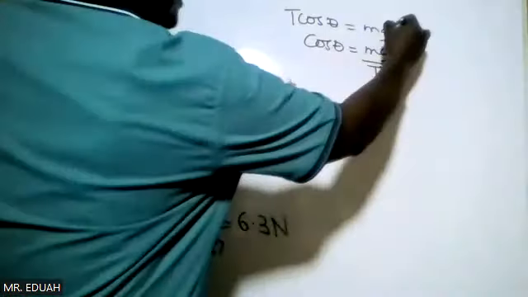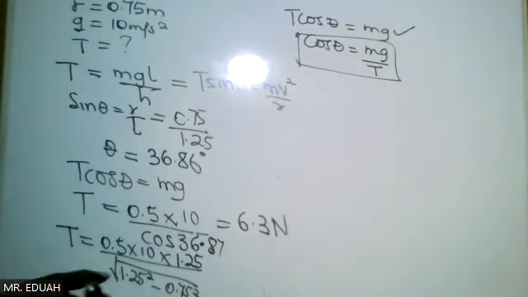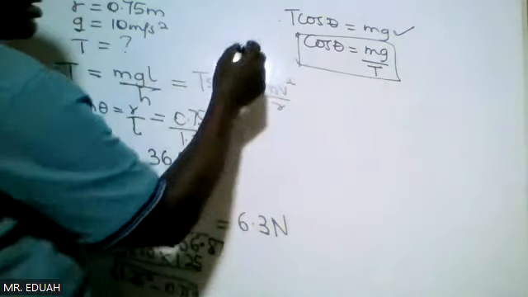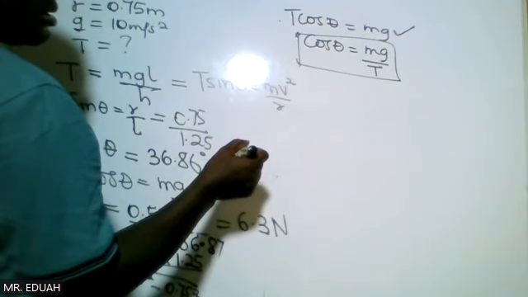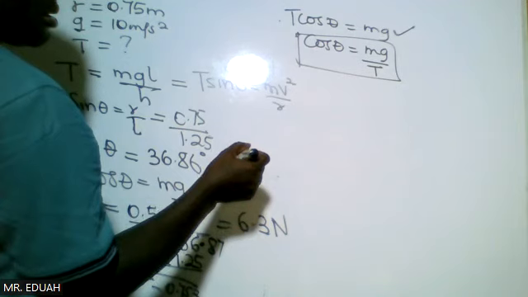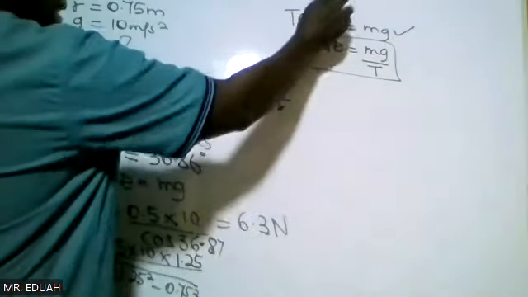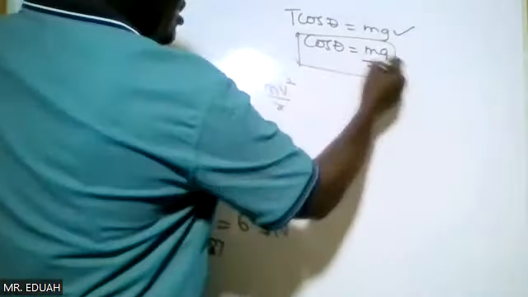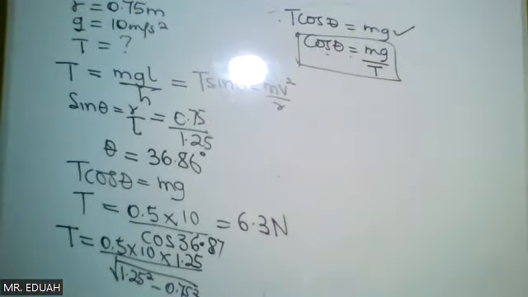From this equation, you made cos theta the subject and got this. So you then substitute it into what? Into T. After you have cos theta equal to mg out of T, with m 0.5 and g 10, you have 5 out of T for cos theta. Then you can't substitute it into T is equal to mg out of cos theta. Listen, you got this from this, so you can't just put it back into the same thing again.